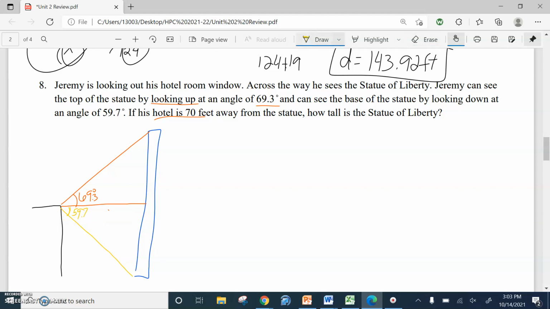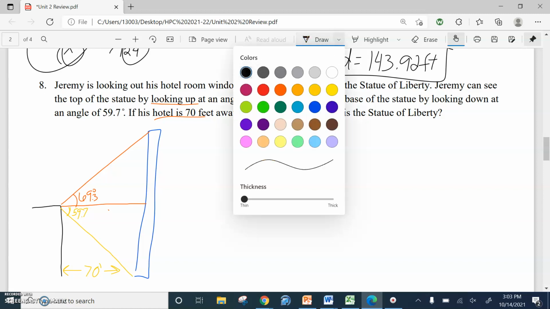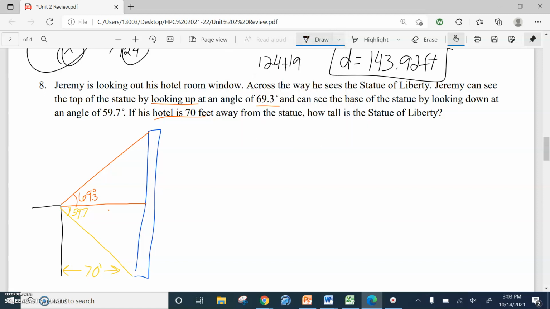I got to redraw that down here just so that's not in the way. But anyways, we've got a 69.3 degree angle up and a 59.7 degree down, and we know that's 70 feet. So what we're going to do is we're going to draw this triangle, 69.3, and that's 70 feet.